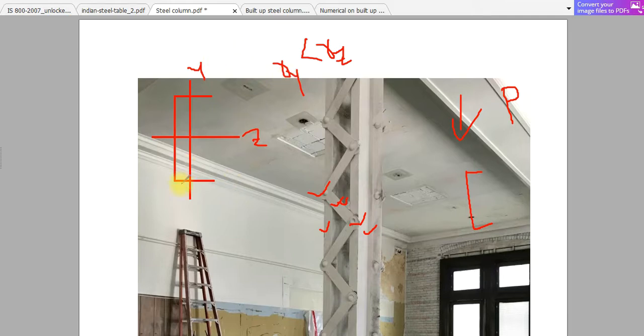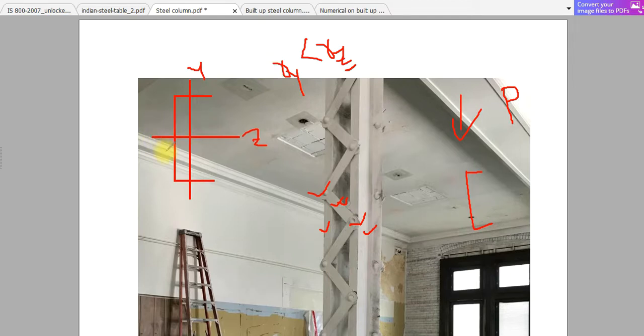That is called total failure. Before failure about the y-axis, it will not fail about the z-axis, because the z-axis is a stronger axis, as rz is more, so the slenderness ratio about the z-axis is less. So if it fails, it will fail about this y-axis only.